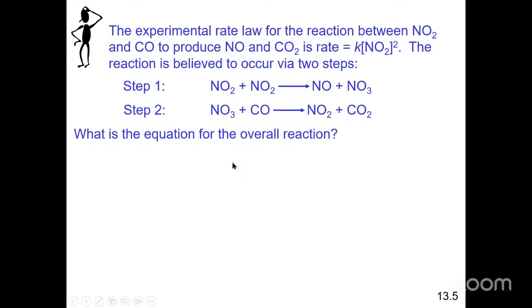To answer that, we look for what will happen when you add these two equations together. So my question to you is, when we add these two equations together, what, if anything, will cancel out? NO3. The NO3s will cancel out, exactly.